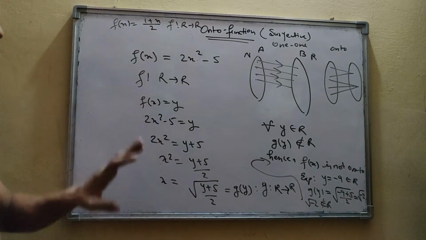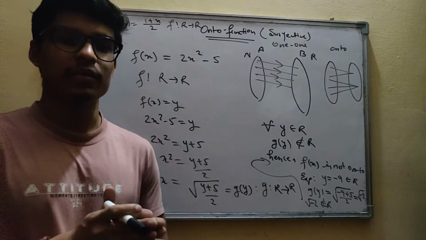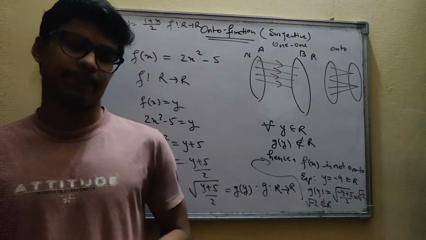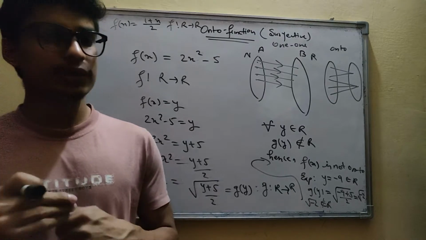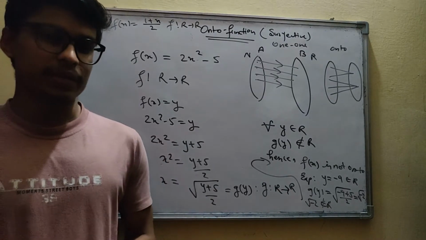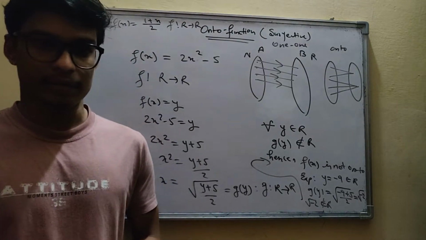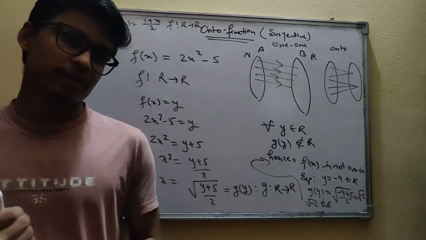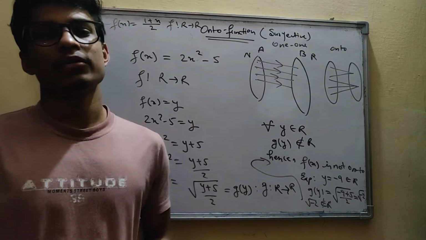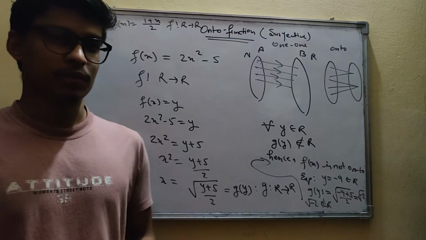Inverse means basically if you interchange the domain and range, the new function will also exist and it will work fine. But if a function is not one-one and onto, then it is not possible to have an inverse of a particular function. It is not possible. Let's see how.